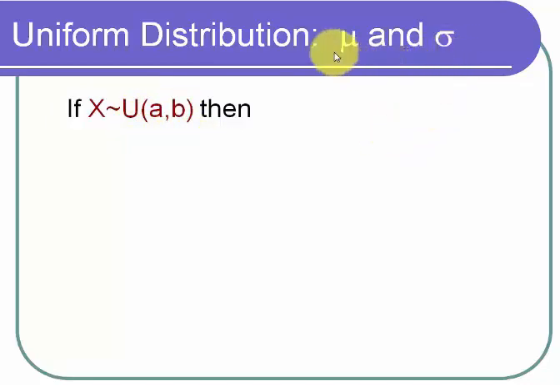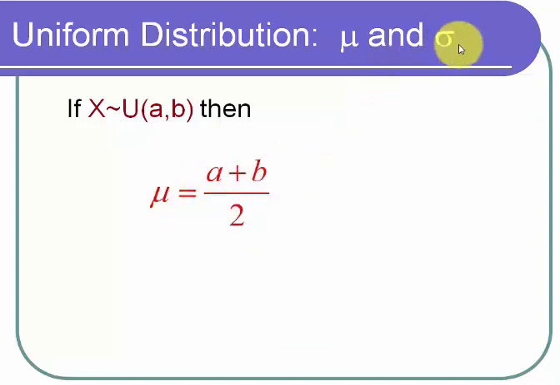Well, the good news for the mean is that uniform distributions are symmetric, so the mean and the median are the same. The median is the halfway point. And the way you find a halfway point is to take an average: you add the two and divide by 2. So the mean is (A plus B) over 2.